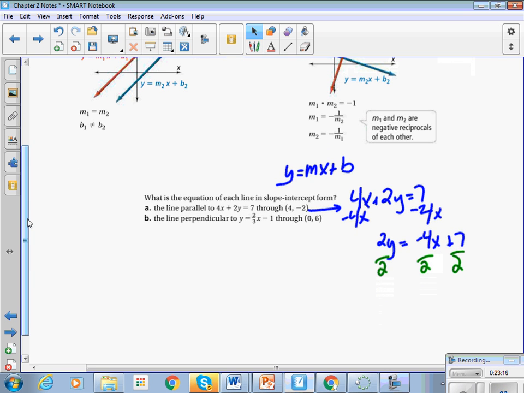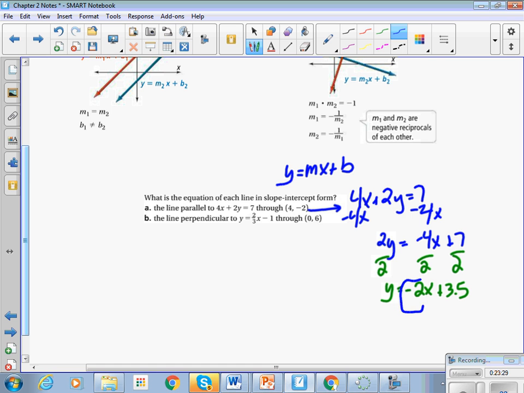The reason I want to find the slope of this line is because the slope of my new line is exactly the same. So y equals mx plus b. I know my m is -2. So this will be for A.